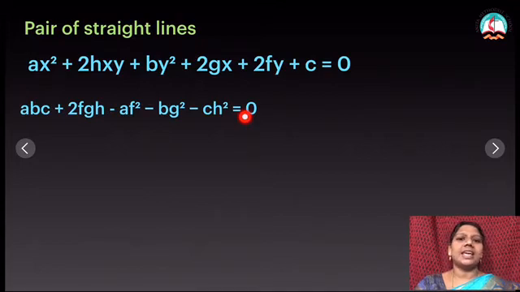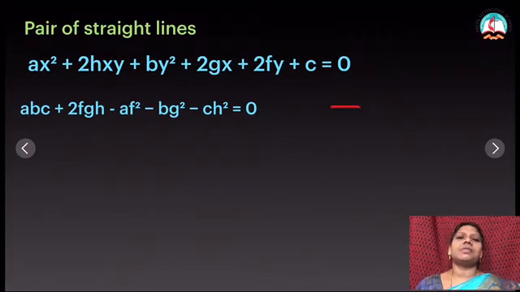It may be in any other form. Also, if the question says that the given second degree equation has two straight line equations, then we can apply this condition, abc plus 2fgh minus af square minus bg square minus ch square is equal to 0, and we can find some constant values.